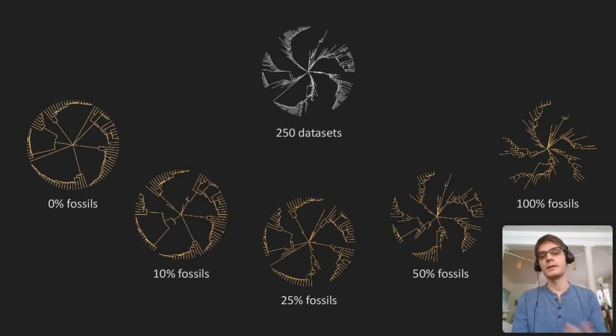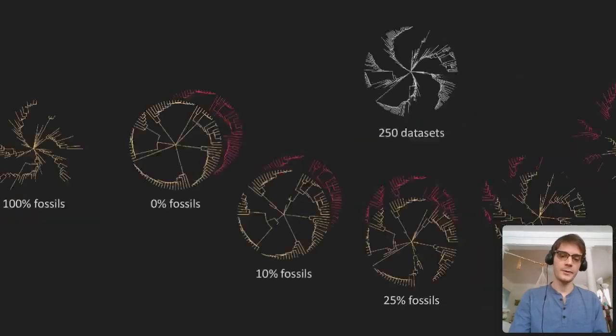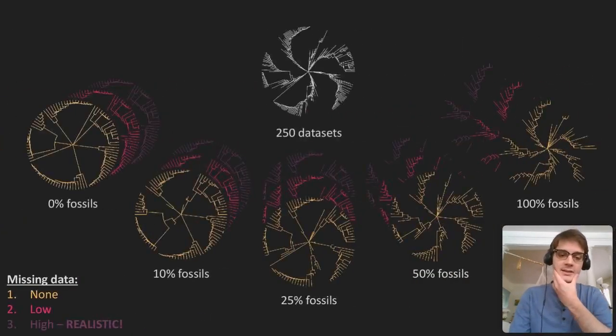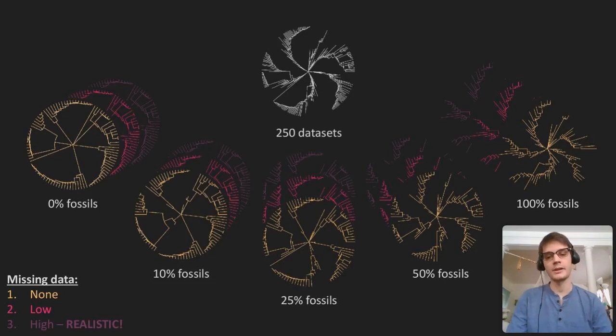So we generated 5 levels of fossil sampling. We further added another level of complexity by incorporating 3 levels of missing data, including none, low, and high, which are the most realistic of all. By that I mean that they've been validated by a comparison with empirical morphological data sets.